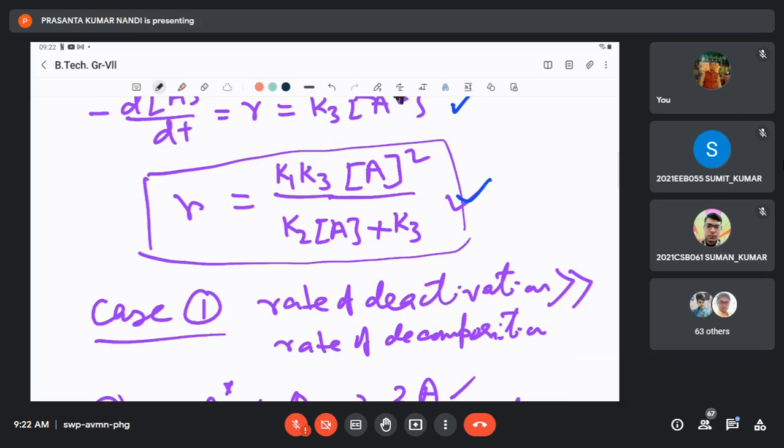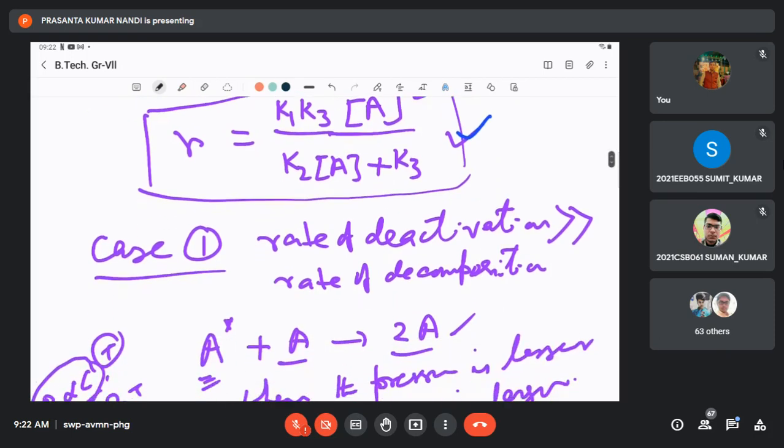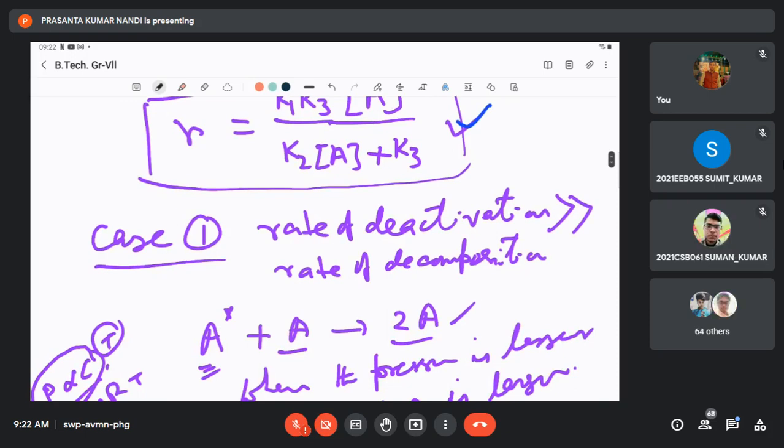Now, if we say the rate of deactivation is much larger compared to the third step, the decomposition step, then what would happen? First you should know when this situation will arise: when the rate of the deactivation process is much greater than the rate of the decomposition step.